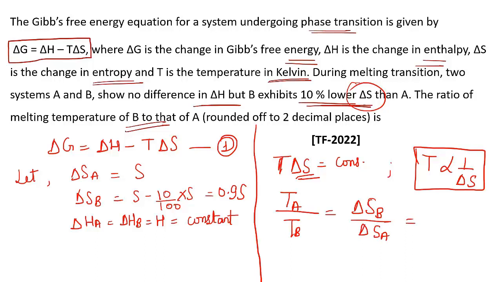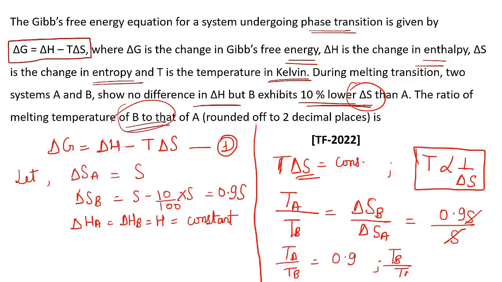Delta S of B is given as 0.9 S, upon S. S is cancelled, then T A upon T B is equal to 0.9, and you need to find the ratio of melting temperature of B to A, T B upon T A. T B upon T A will come out to be 1 upon 0.9.